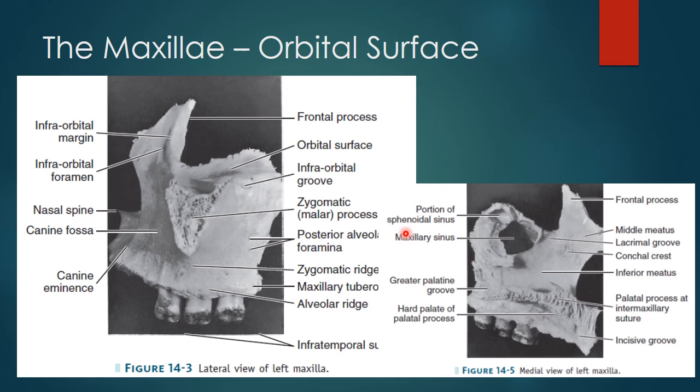Traversing the posterior portion of the orbital surface is the infraorbital groove. On the orbital surface, this is anterior, this is posterior. This is the infraorbital groove. Beginning at the center of the posterior surface, the infraorbital groove runs anteriorly, the anterior portion being covered, becoming the infraorbital canal.